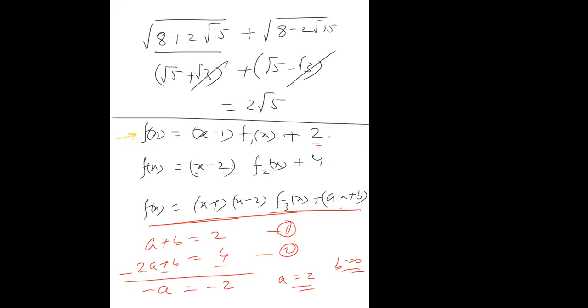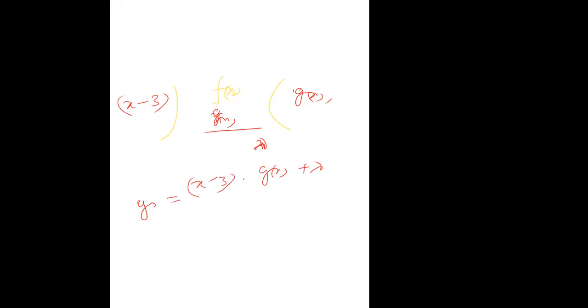Similarly, the same f(x) when divided by x minus 2, you are getting the remainder 4. So we are writing, suppose you have a big polynomial f(x), right? I divide it by, let's suppose, x minus 3. When I divide by x minus 3, there will be some quotient g(x), and then something is left, some constant, say I call it lambda. So this is nothing but (x minus 3) into g(x) plus lambda. This must be equal to f(x), right?